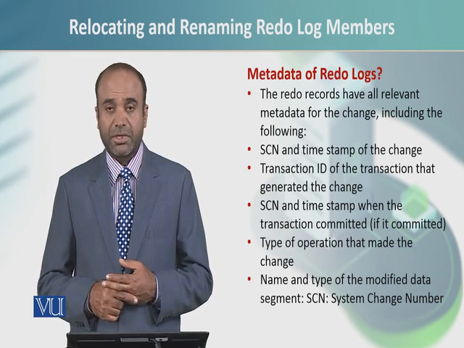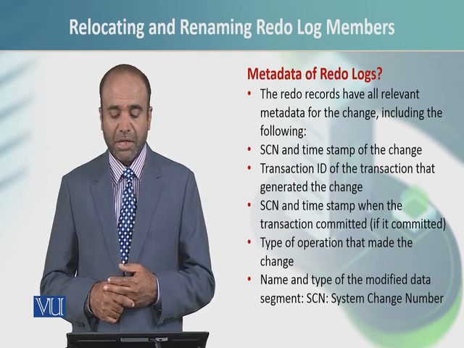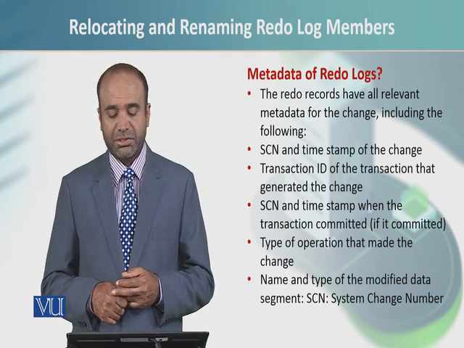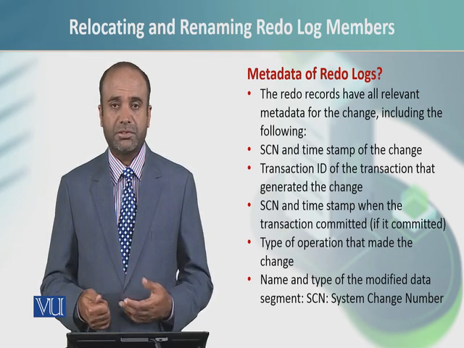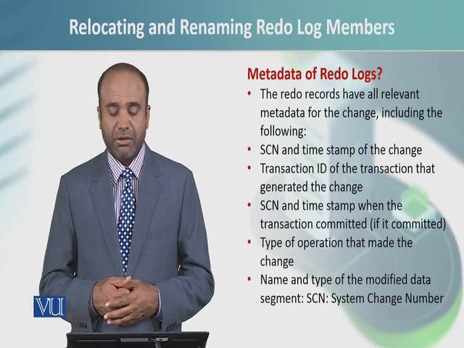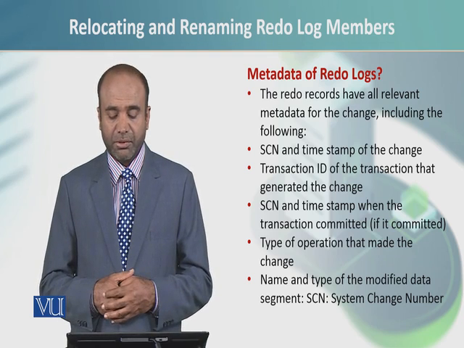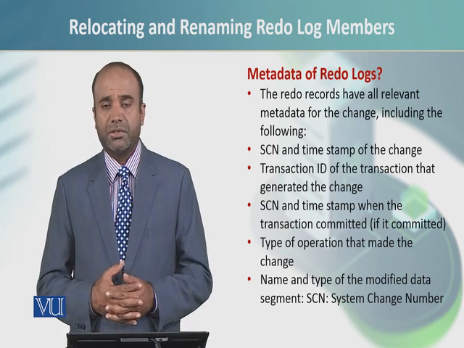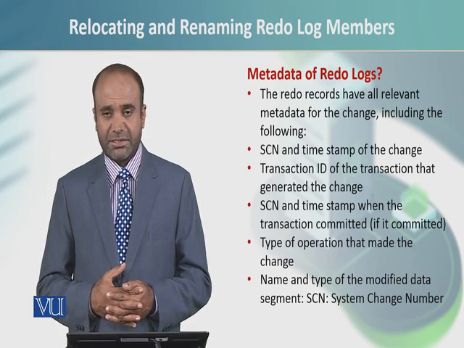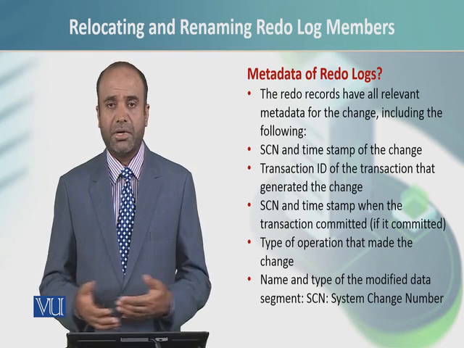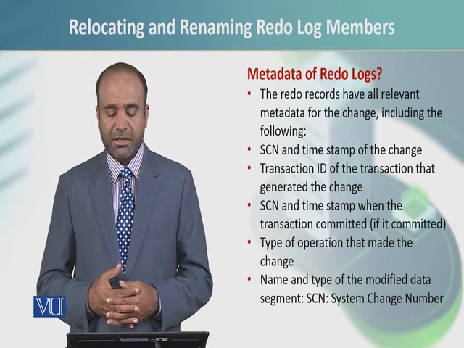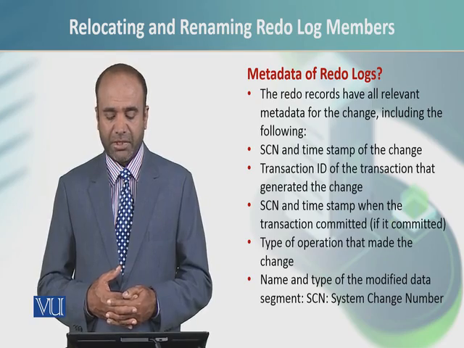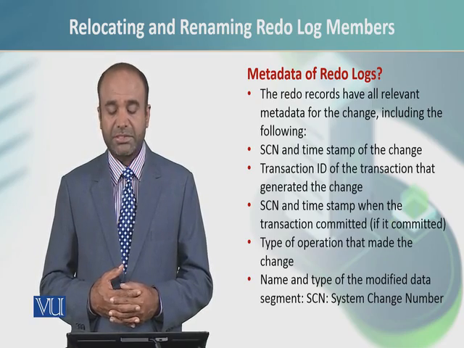Then the type of operation that made the change, so those operations are performed and the log is generated accordingly. If the DBA wants to see what activities are going on, the DBA can see them from the SCN. Later on we will use a command to see the SCN, the name and type of the modified data segment. SCN means system change number.